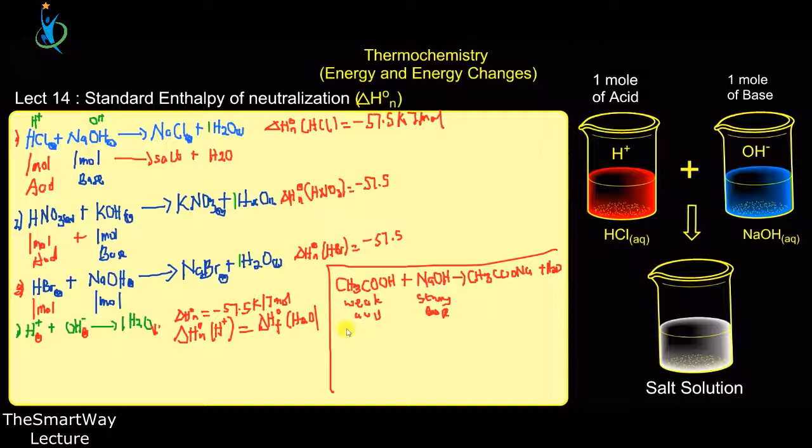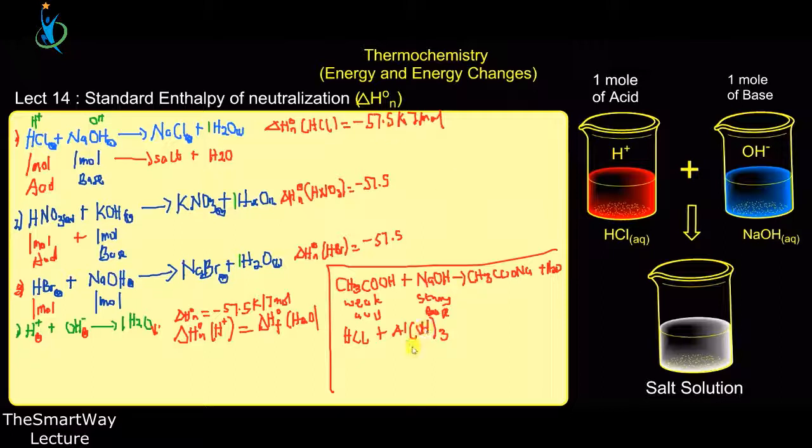Again, when you add a strong acid like HCl to a weak base, let's take an example of a weak base like aluminium hydroxide. Aluminium hydroxide is a weak base. The group 4 and group 5 hydroxides are weak bases. So when you add a strong acid to this weak base, the aluminium hydroxide will not completely break down naturally, and so some energy is absorbed from the surrounding, which tends to lower the overall heat given off during the process.